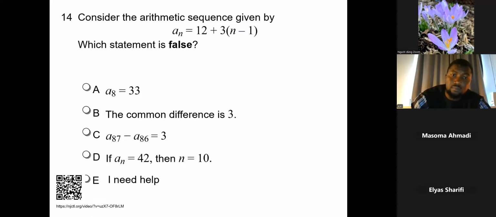It's false because when instead of n we put 10, 10 minus 1 equals 9, and 9 times 3 equals 27. So 27 plus 12 becomes 39. Yeah, correct.